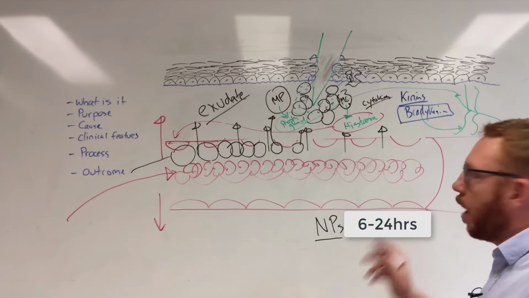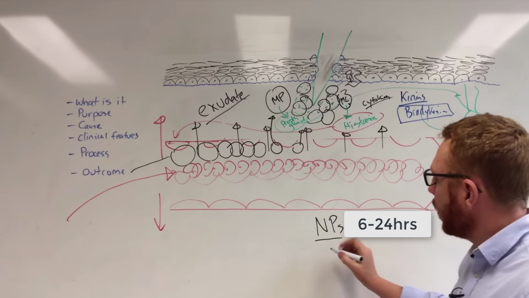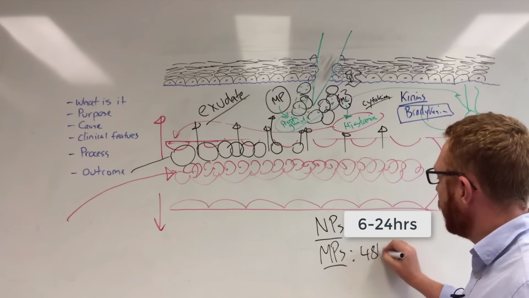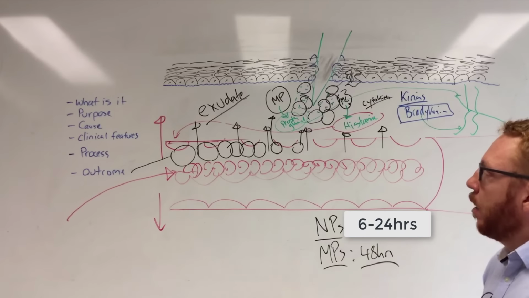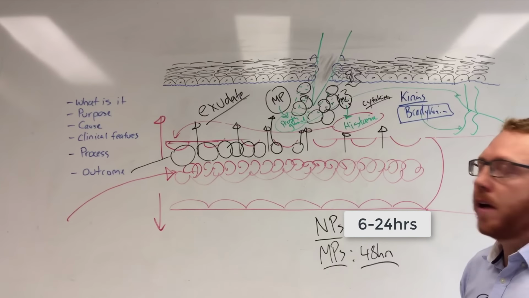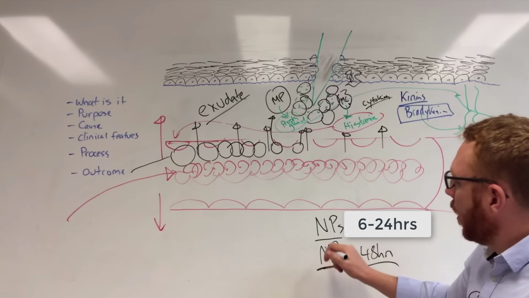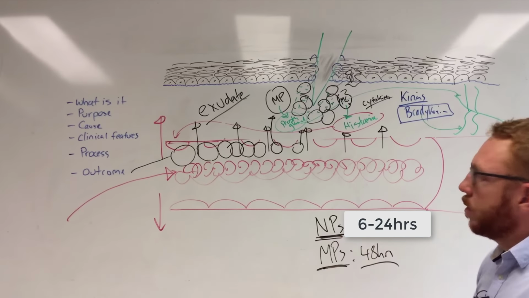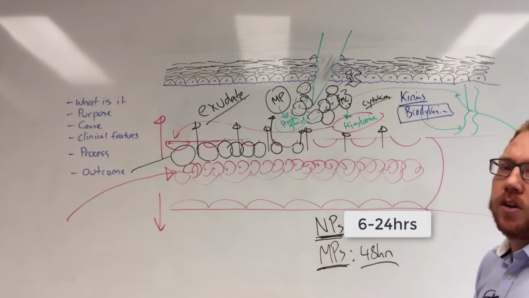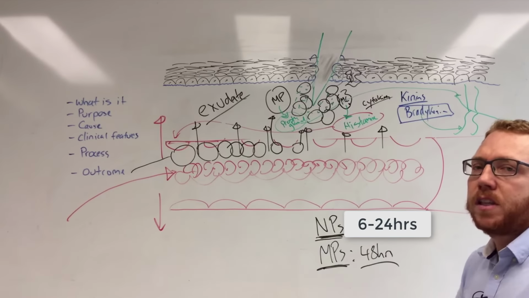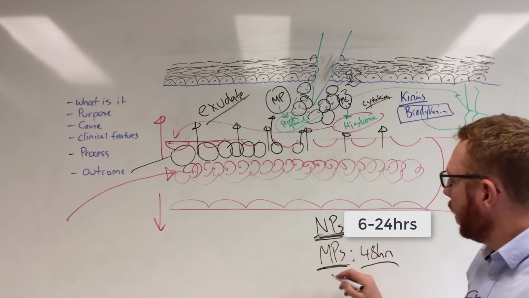That's their peak time in inflammation, whereas later on macrophages will come after 48 hours, or that's when they will peak. Macrophages will come from monocytes. Monocytes are white blood cells. This process takes longer, whereas with neutrophils, the upregulation within the white blood cells, or the creation of new white blood cells in the bone marrow, happens very quickly.